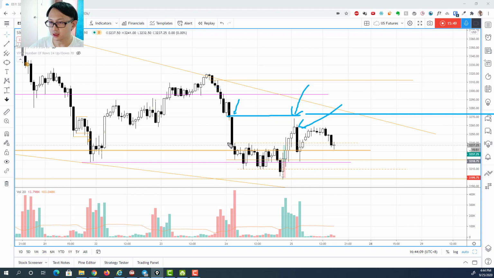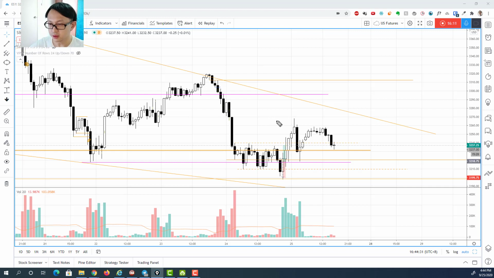Right now it's currently testing the support area, based on the zone, the previous trading range here, and it's currently right at this range. Let's see if we can just bounce up and attempt to test the resistance level.